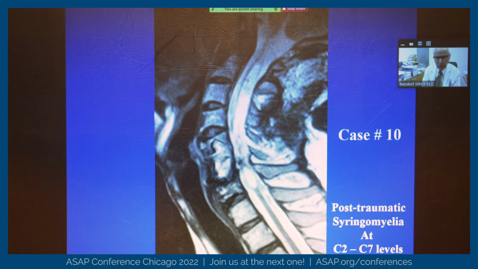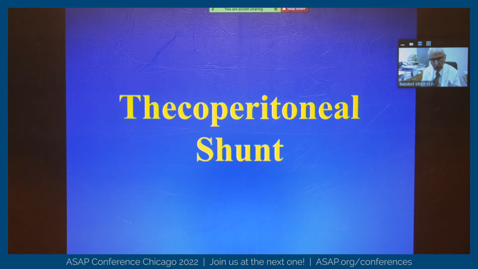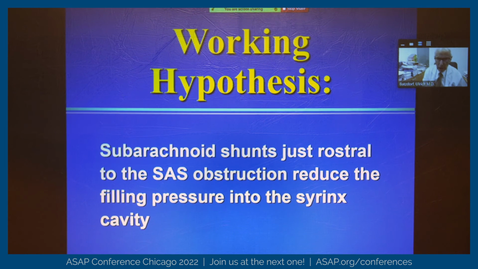Here's such an example. And in such cases, what we do next, here's another one where the injury was high up in the cervical cord. Next, we divert the fluid, next, so we don't have to manipulate the cord itself. We just divert the fluid pressure away from this obstruction.